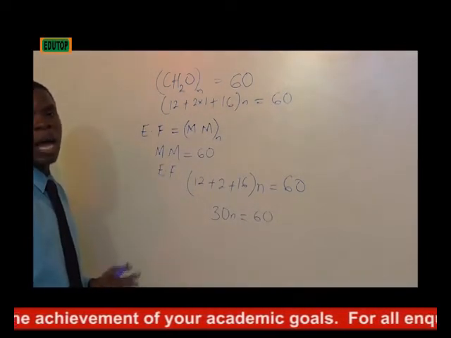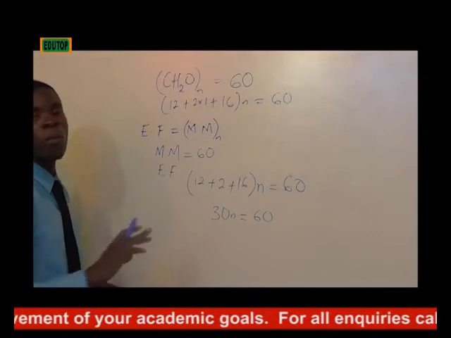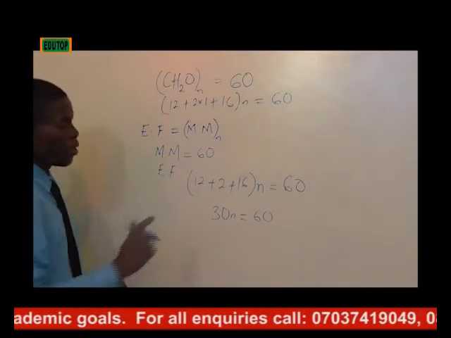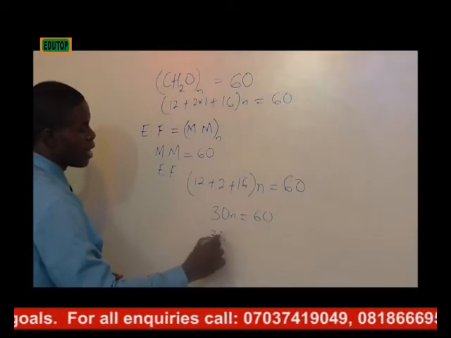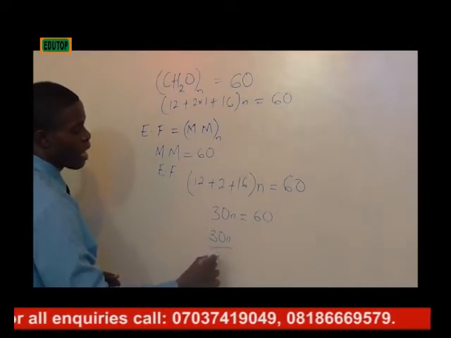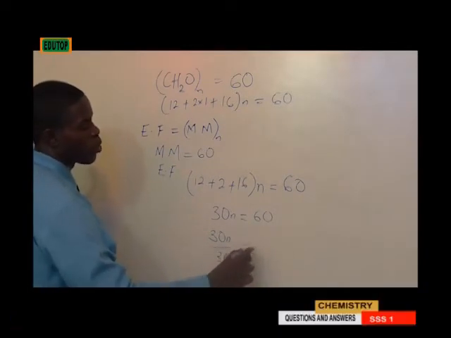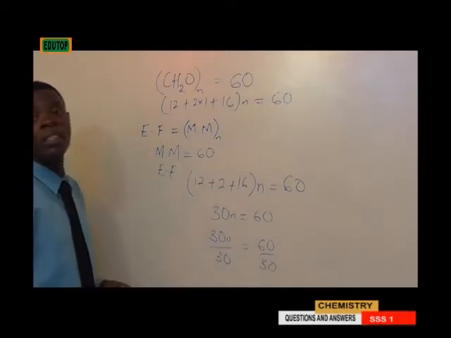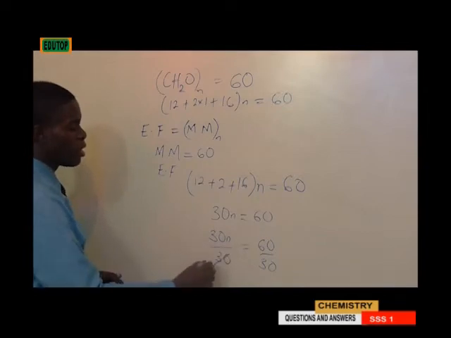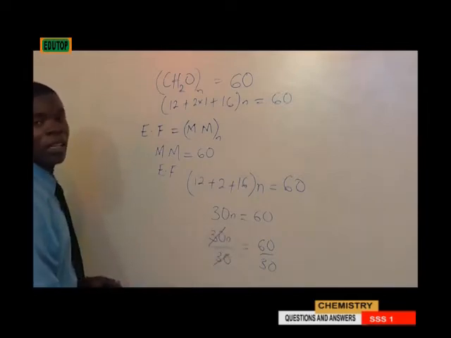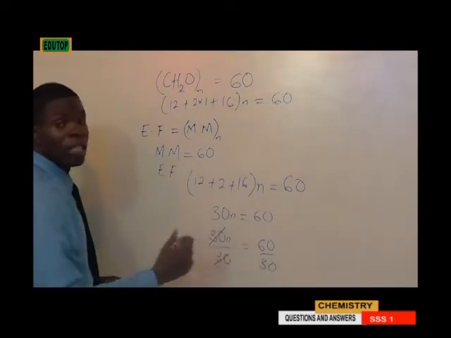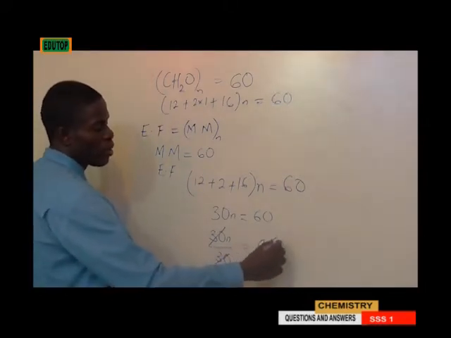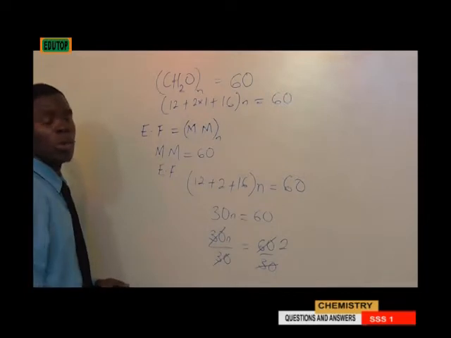To calculate our N, we need to divide both sides by 30, where 30N divided by 30 is equal to 60 divided by 30. Here, this 30 can cancel out this 30, remaining N. This 30 can cancel out this 60, remaining 2.